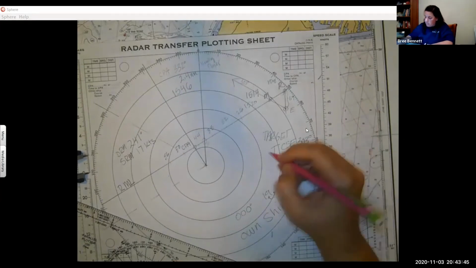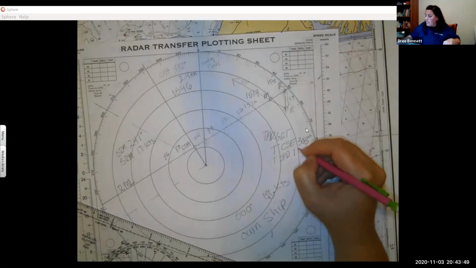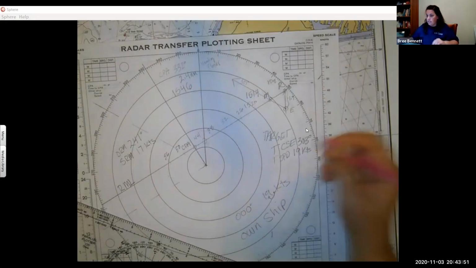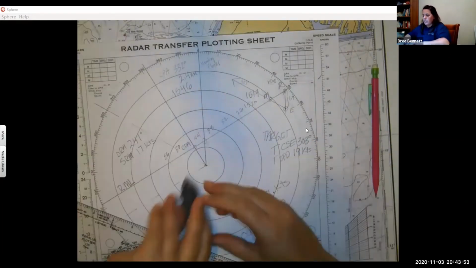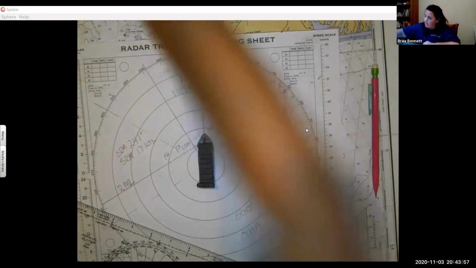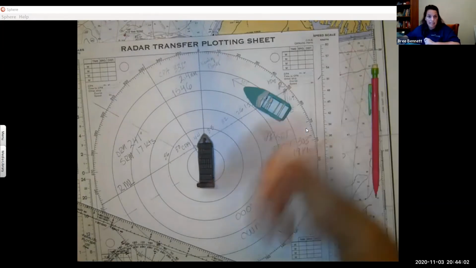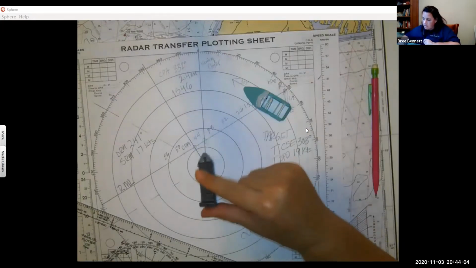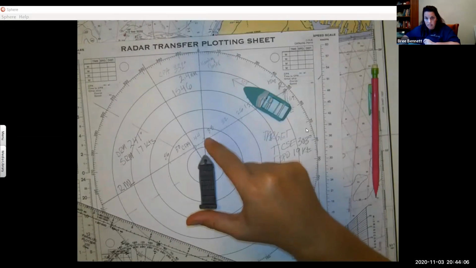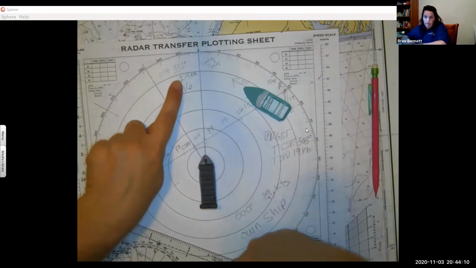So my target's true speed is 19 knots. So if I am cruising along here and this guy is cruising along there, he's going to pass ahead of me, bow crossing, he's going to pass ahead of me at a CPA of 2.4 miles.